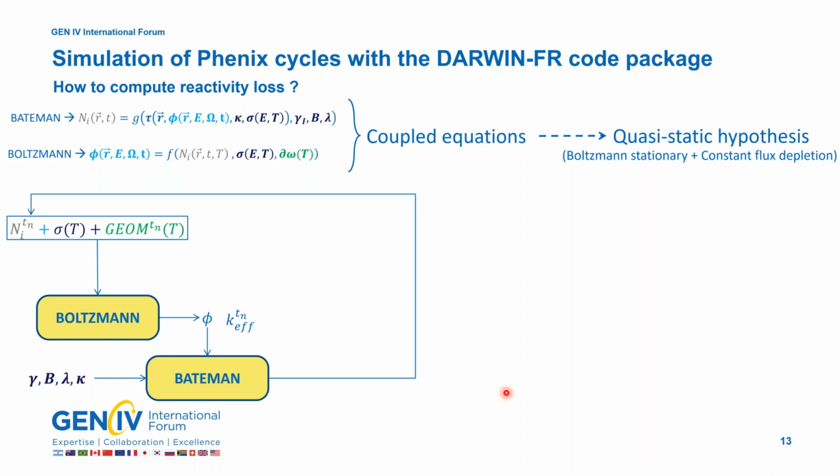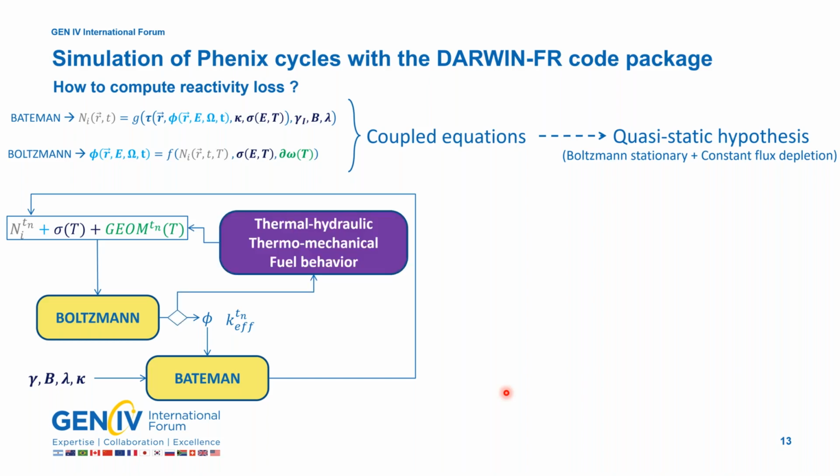But is that all? No, because as I said in the last slide, in neutronics, temperature has an impact on the cross-section with the Doppler effect and on the geometry with thermal expansion. And this impact of the temperature on the neutron flux, so on the power, will impact the temperature map and so the power.